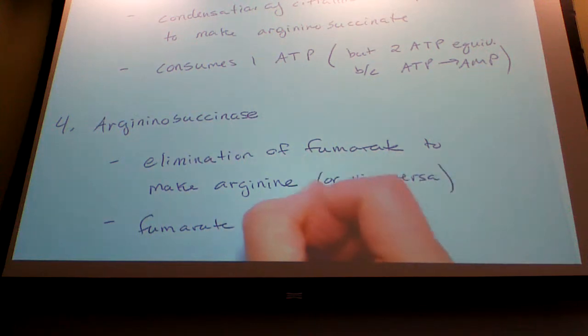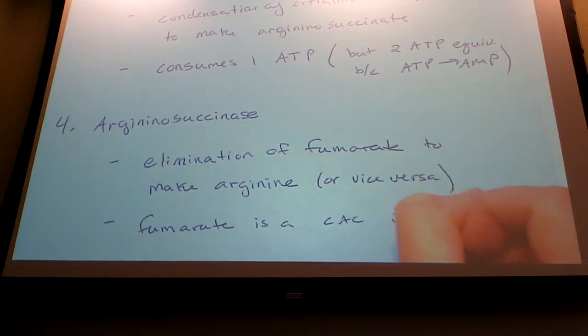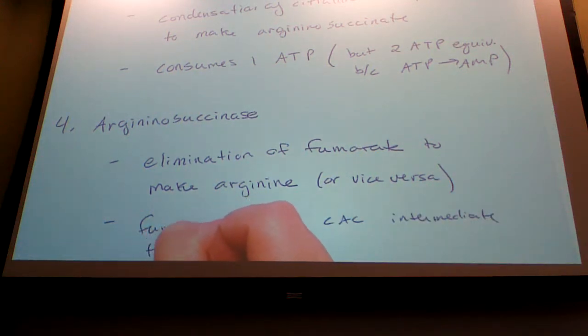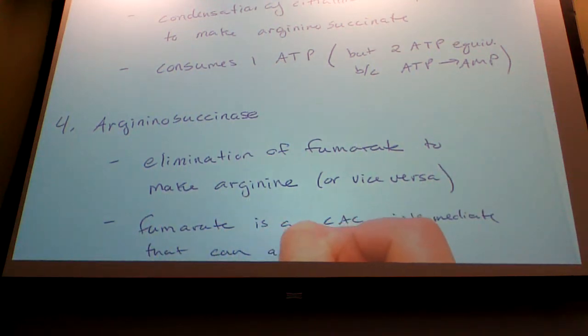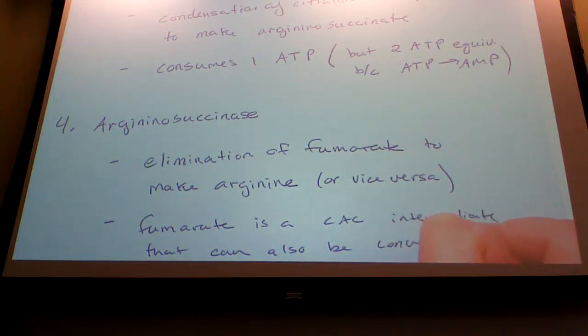Fumarate is a CAC intermediate that can also be converted to oxaloacetate for gluconeogenesis.